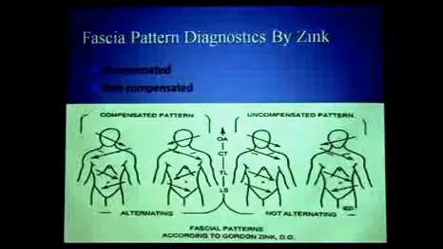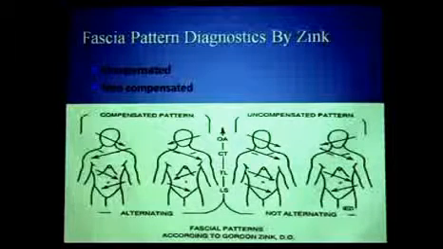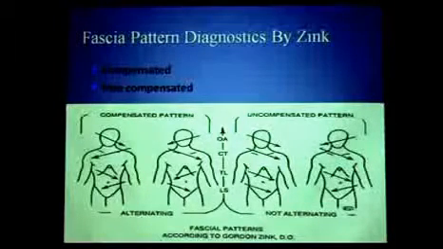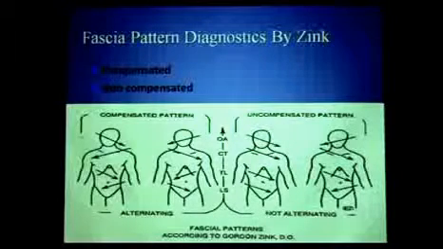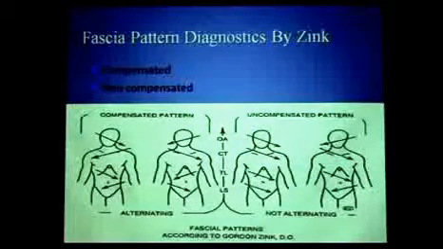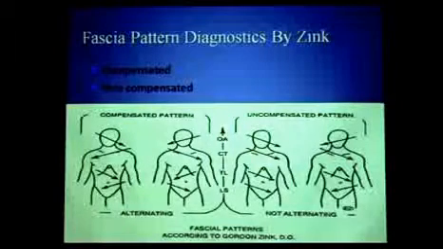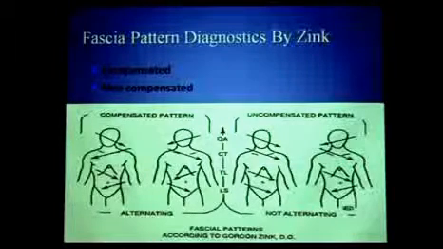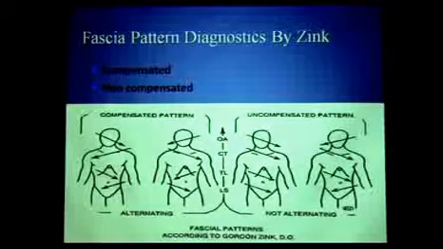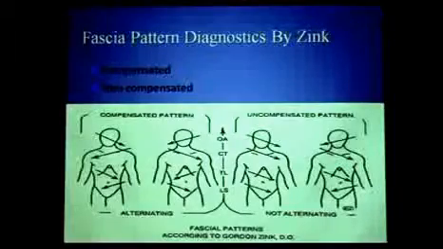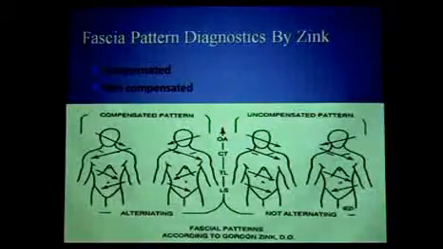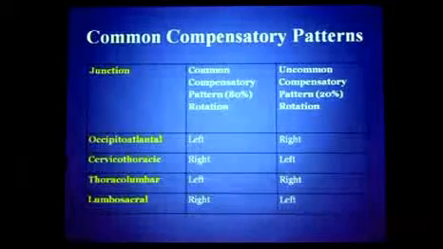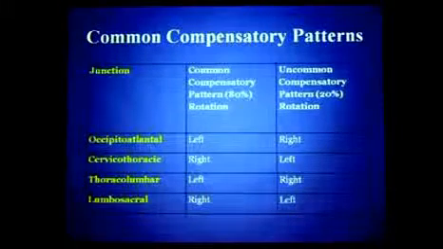This is like left, left, left, left, or right, left, left, right. In this case, we call them uncompensated, and he found those individuals are not healthy. So he linked that to be healthy, they should have some kind of compensatory pattern, either this way or that way, 80% or 20% of the population. If a patient has any other kind of pattern, they are not compensated. So that's the junction, 80%, 20%.